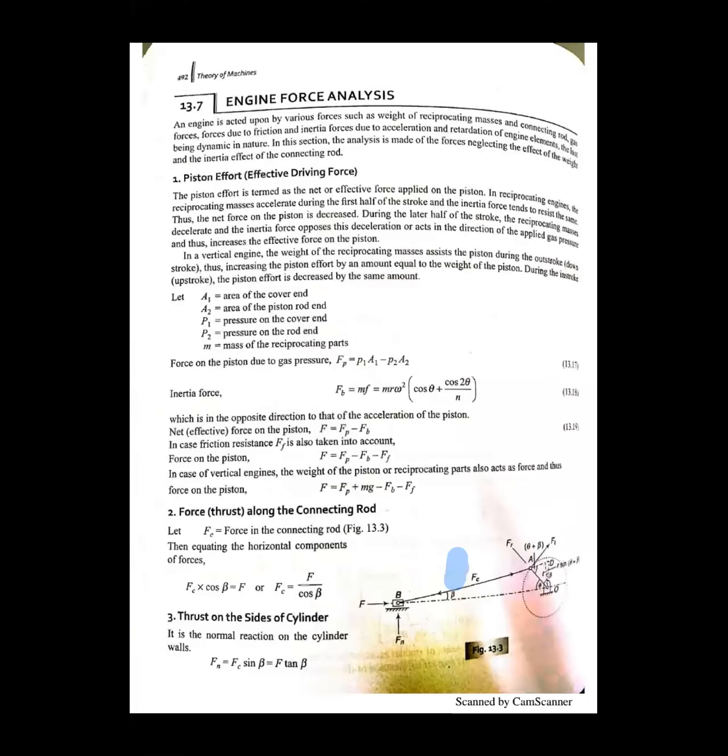Now the other forces. The force on the piston, already calculated, is F equals Fp plus mg minus Fb minus Ff.